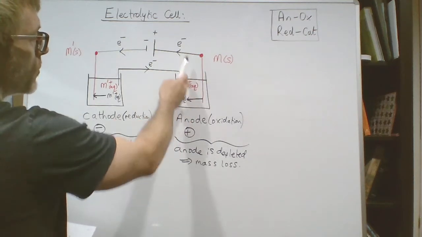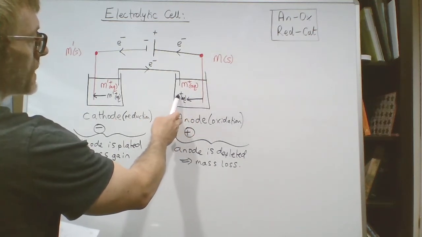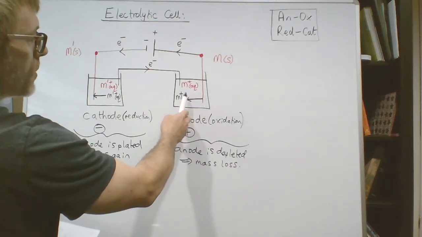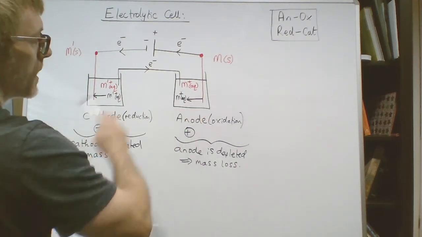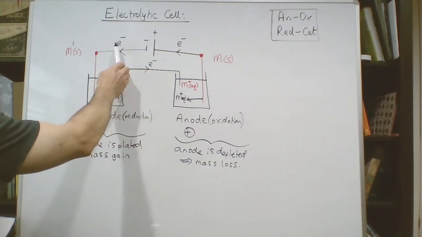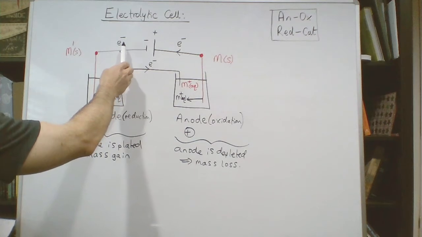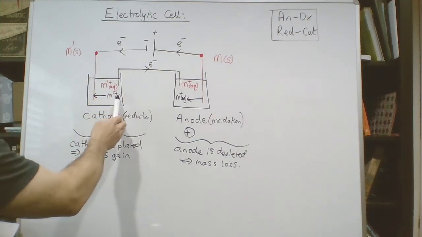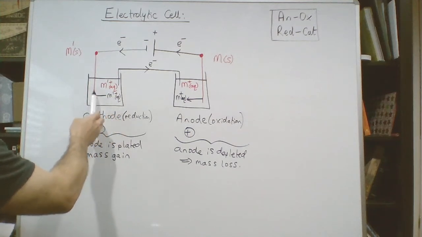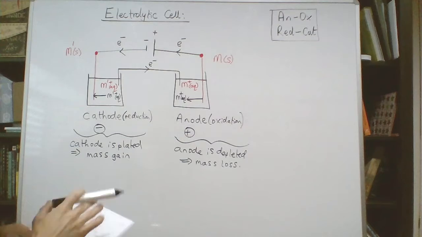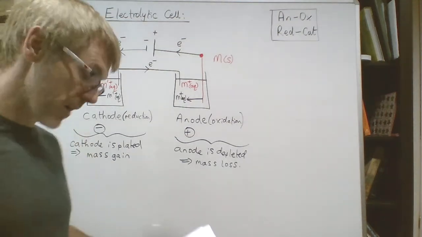Electrons are being removed, and so the metal, now being deprived of its electron, just dissolves into the medium as the cation. And here we essentially have a surplus of electrons, which now attracts the cation, which plates the cathode and increases its mass. So this is exactly the same setup as we had with the galvanic cell.